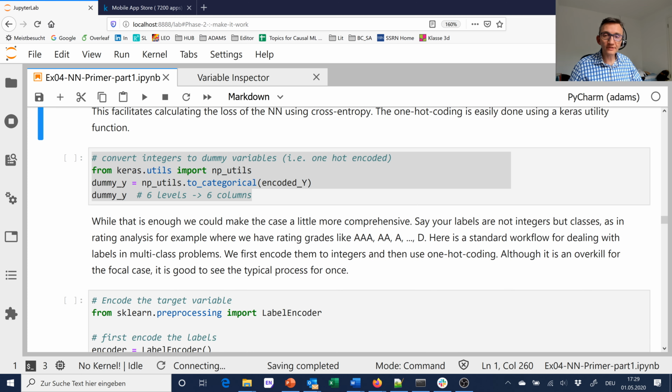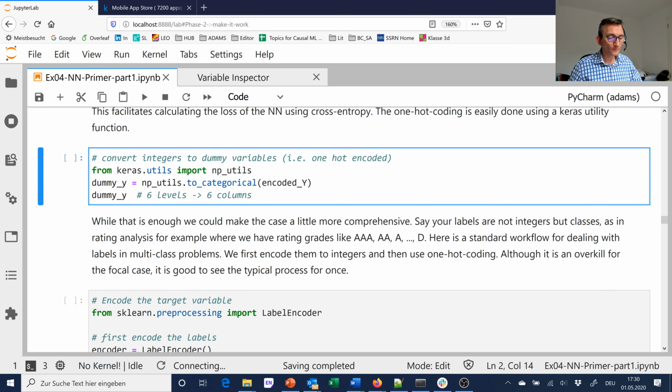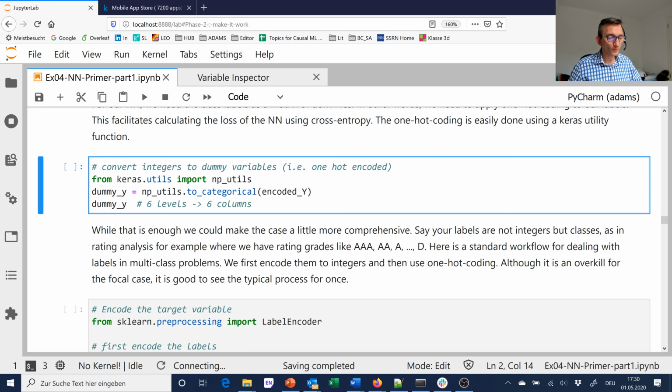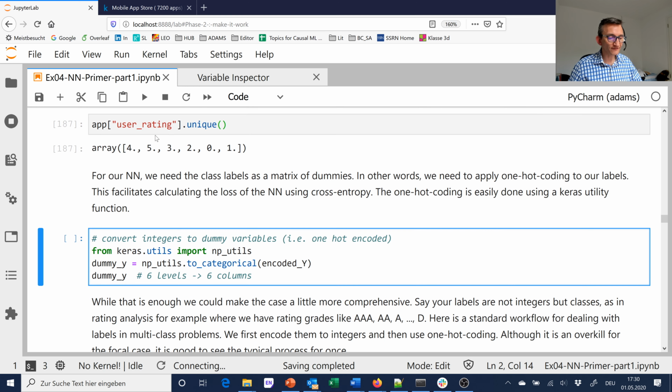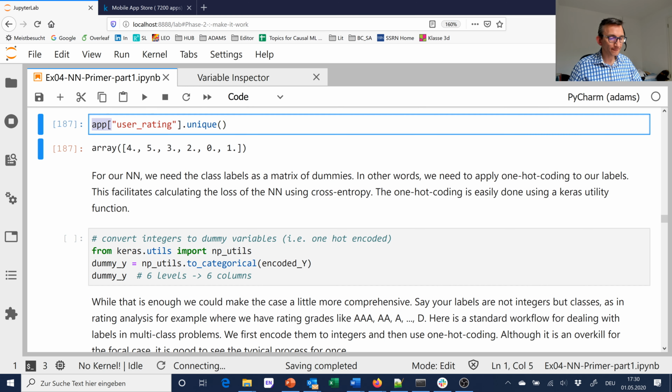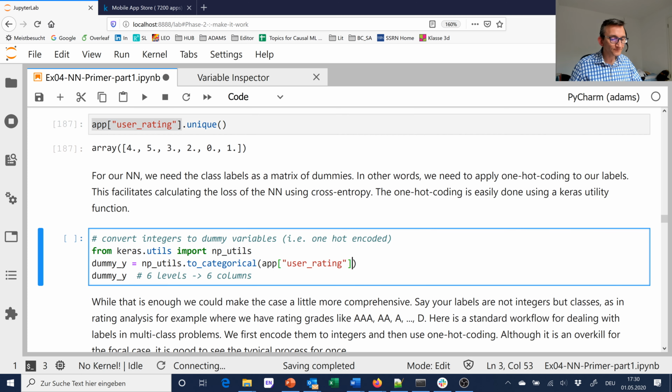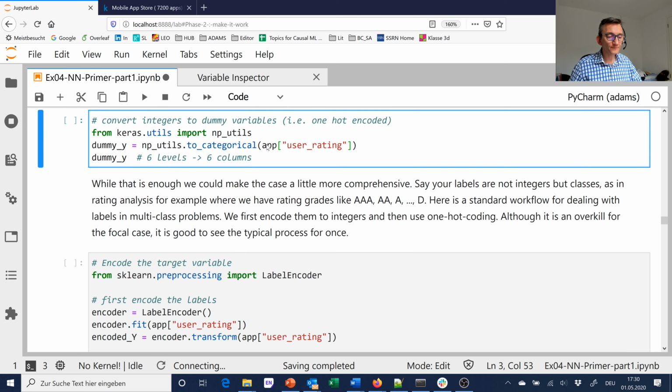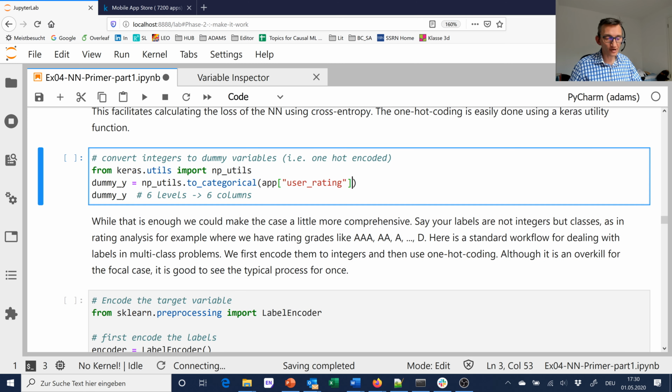An easy way to do this is using a utility function from Keras that is called toCategorical. We put our output into that function. Let me change the code to make it a bit more explicit. So we feed it our target variable, which is currently just a bunch of numbers.